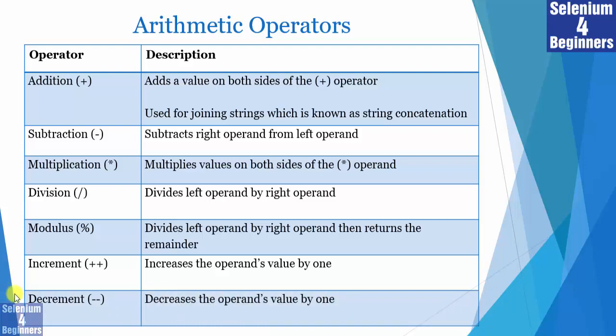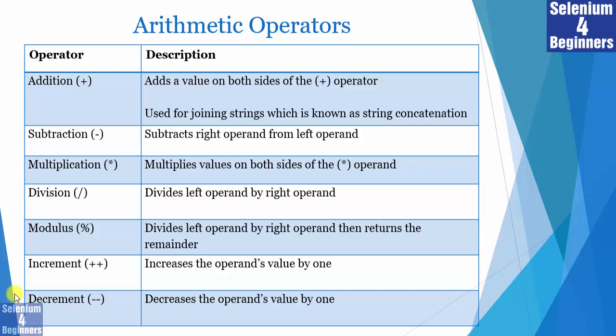We can use the increment and decrement operators as pre or post. Pre-increment and pre-decrement places the plus or minus symbol in front of the variable name. Post-increment and post-decrement places the plus or minus symbol after the variable name.